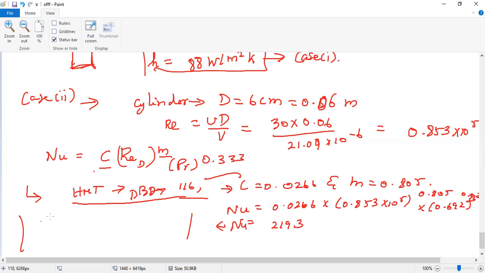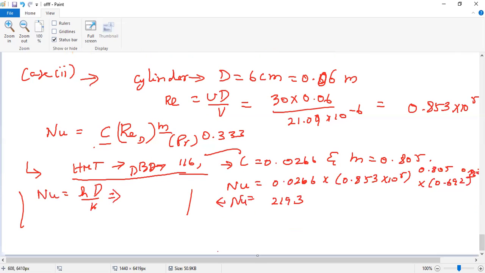The Nusselt number is equal to hD divided by k. Before, it was hL divided by k because it was a square section; this is a cylinder section, so we use the diameter. We know the values of D and k.